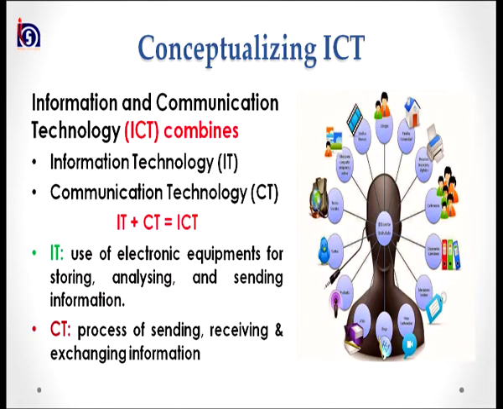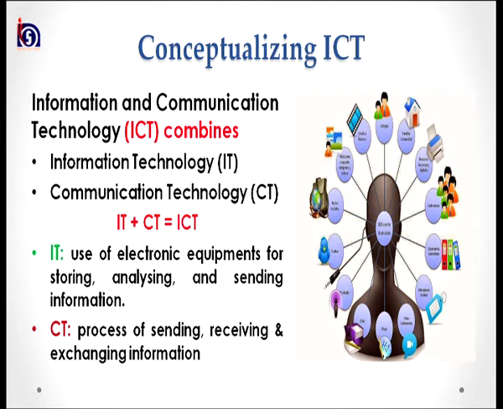Now, information and communication technologies emerge from the combination of two technologies. One is information technology, which is popularly known as IT, and one is communication technology, which is popularly known as CT. When we combine IT and CT, we have ICT. IT can be defined as use of electronic equipment for storing, analyzing and sending information.